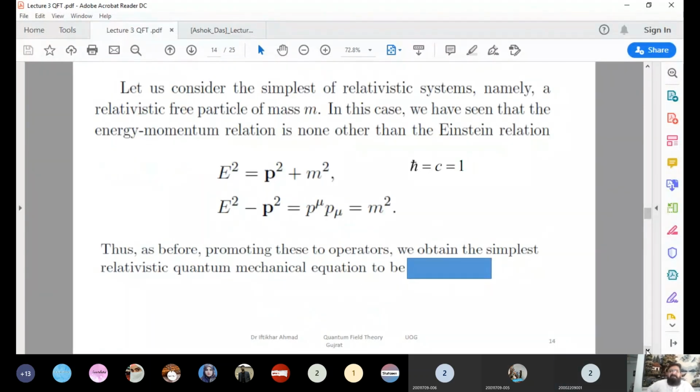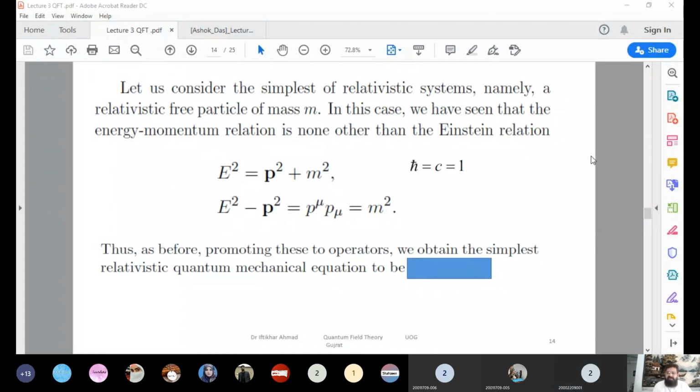Let us consider the simplest form of a relativistic system, namely a relativistic free particle of mass m. In this case the energy momentum relation is none other than the Einstein relation.